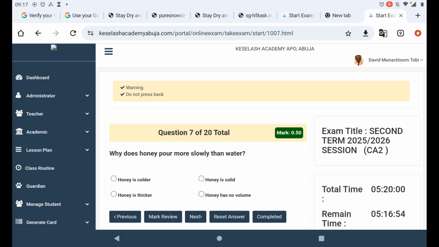Why does honey pour slower than water? Because honey is thick and it's a liquid. So if you think it's solid, just smash that like. If you think it has no volume, subscribe. And if you think honey is colder, just comment down below.